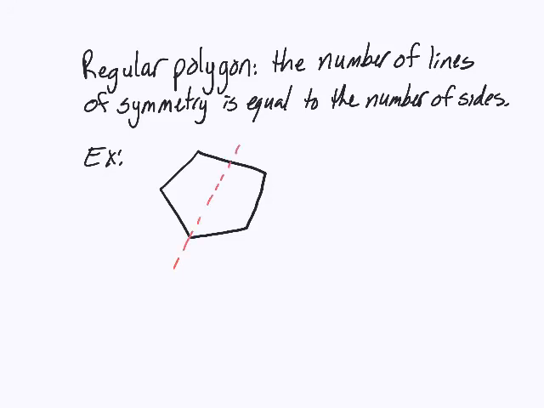That would create two congruent sides. And again, assuming my picture was a little bit better, I'm a little off. But you can always draw, you go through each vertex, and there are 5 lines of symmetry. Okay, so that is a quick rundown of reflections, line reflections, and lines of symmetry.